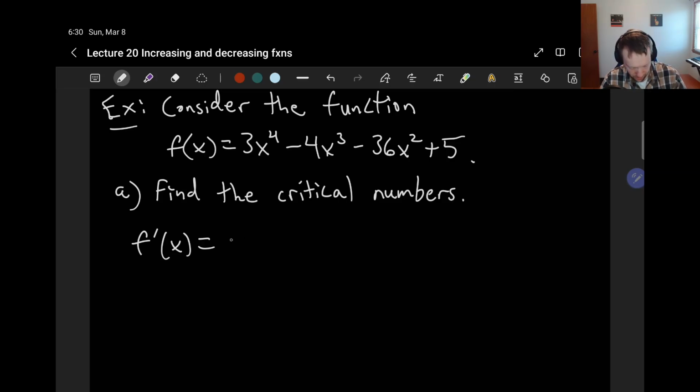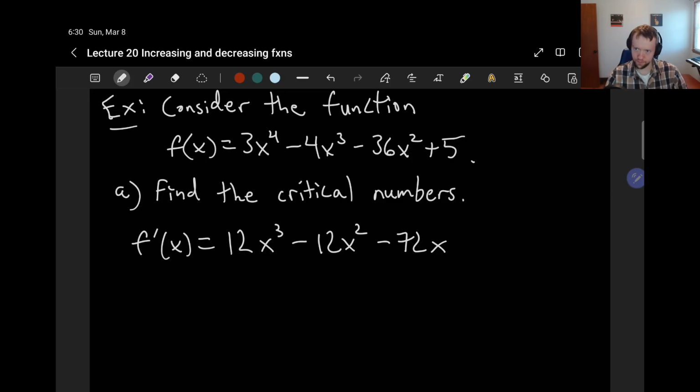Bring the 4 down. So 3 times 4 is 12x cubed. And now this part, if I take that derivative, is a negative 12x squared. Then for the negative 36x squared part, multiply the 36 by 2, you get 72, and then x. The plus 5 does nothing. Its derivative is 0.